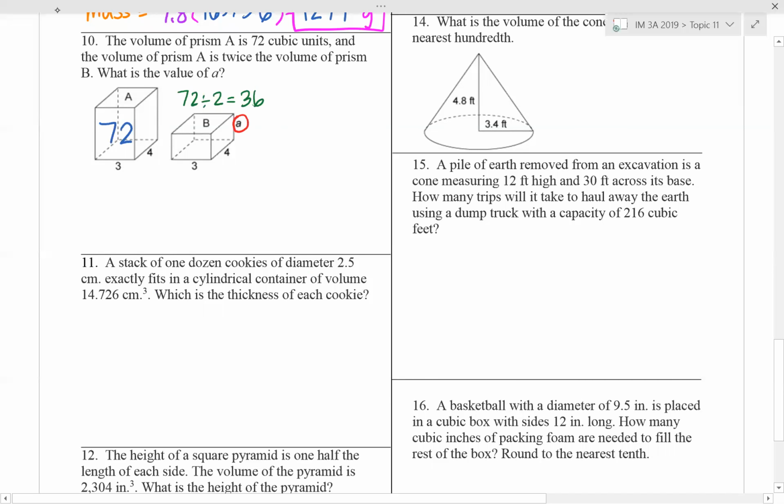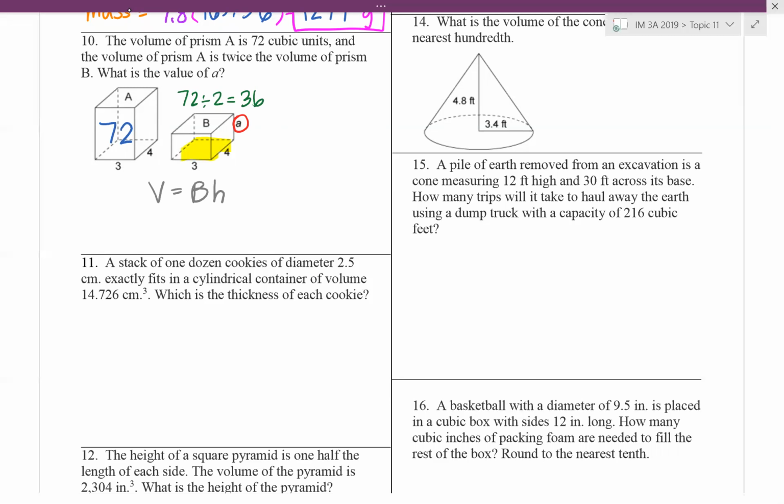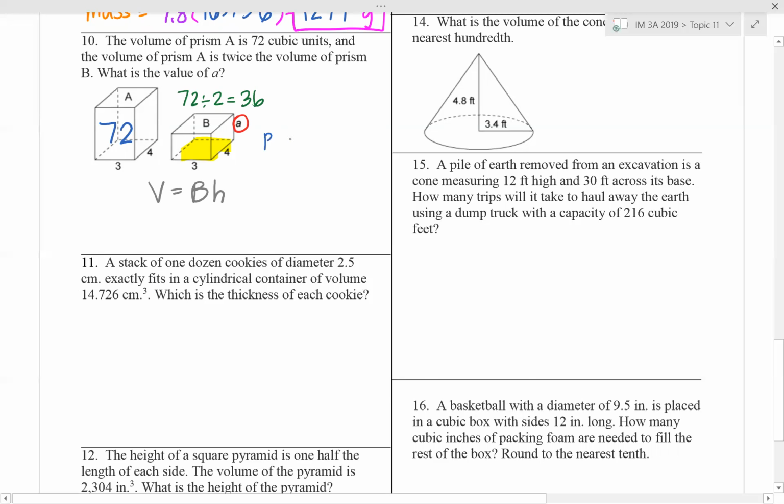So when we have a prism, remember that volume is equal to the area of the base times the height. The base for this prism is this rectangle here that has the dimensions 3 and 4. So that means that the base area for this is 3 times 4, which is 12.